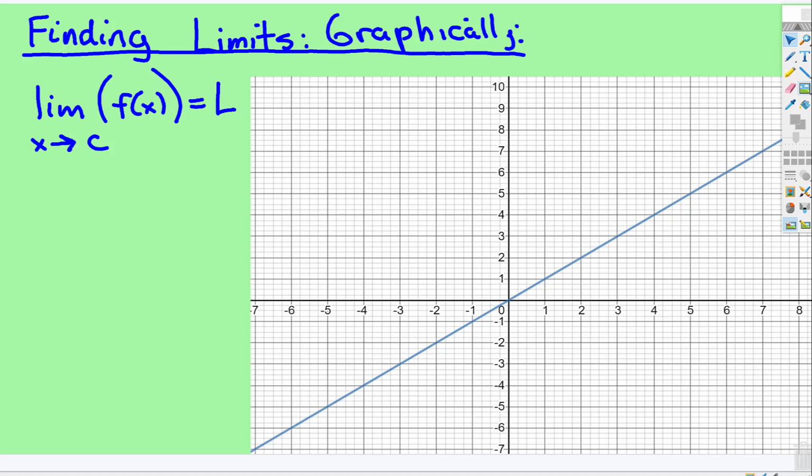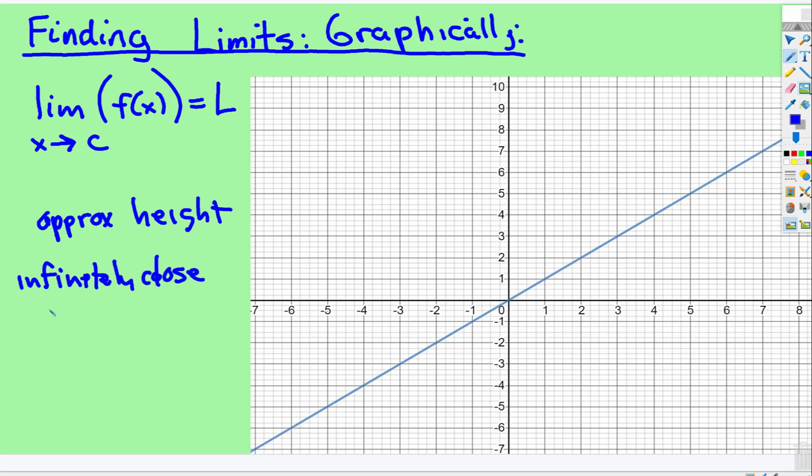Okay, finding limits graphically. Remember what the general, workable definition is: it's the approximate or approaching height as you get infinitely close to an x value, to a given x value.